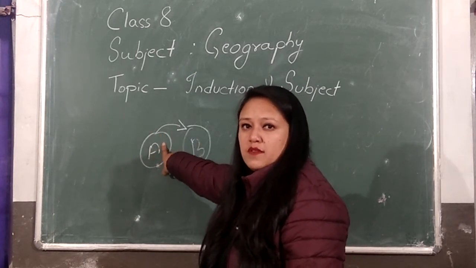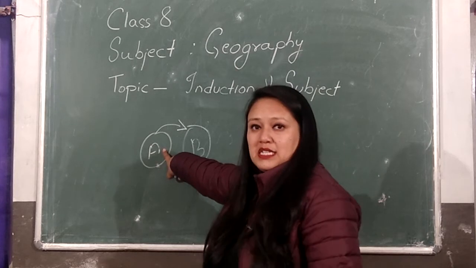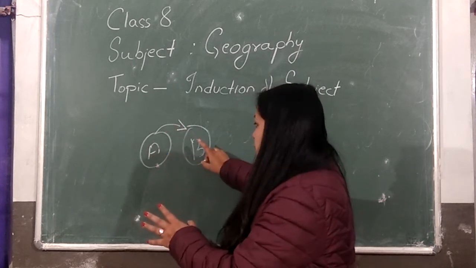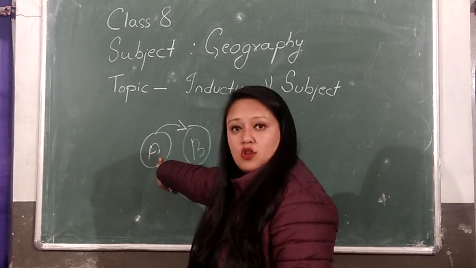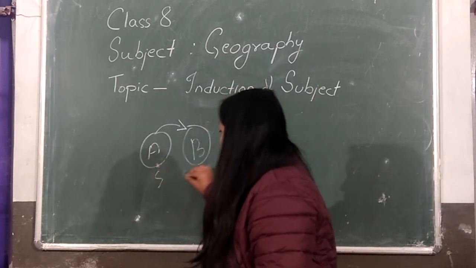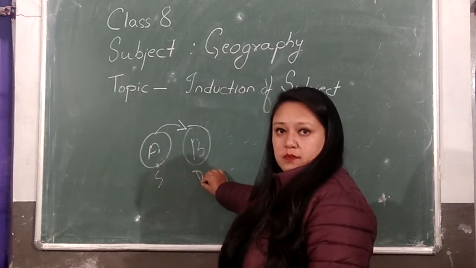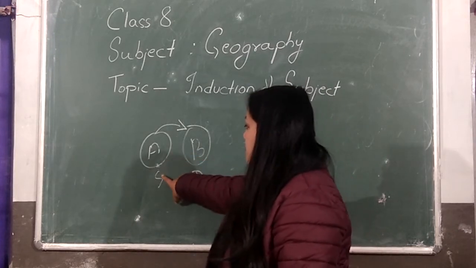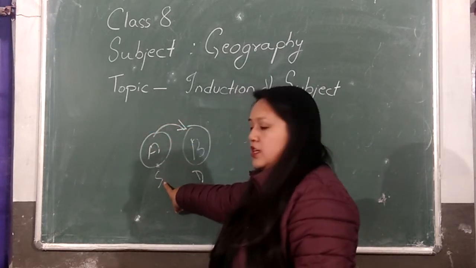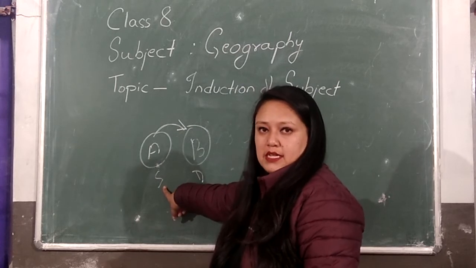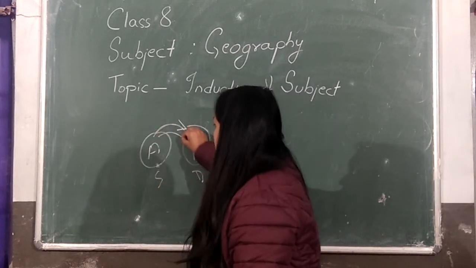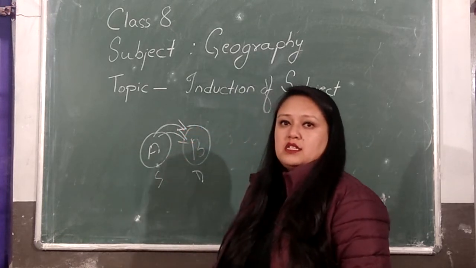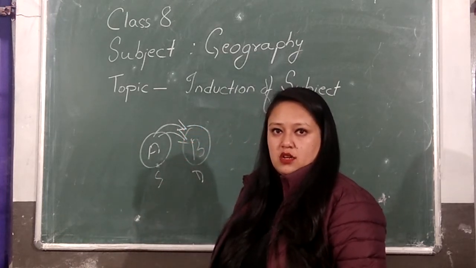I'm going to give you the details later on. So just for an introduction only, don't write anything right now. This is the source country. This is the destination country. When people are moving out of a country, this country is known as the source country. And when people are moving into a certain country, it is known as the destination country.